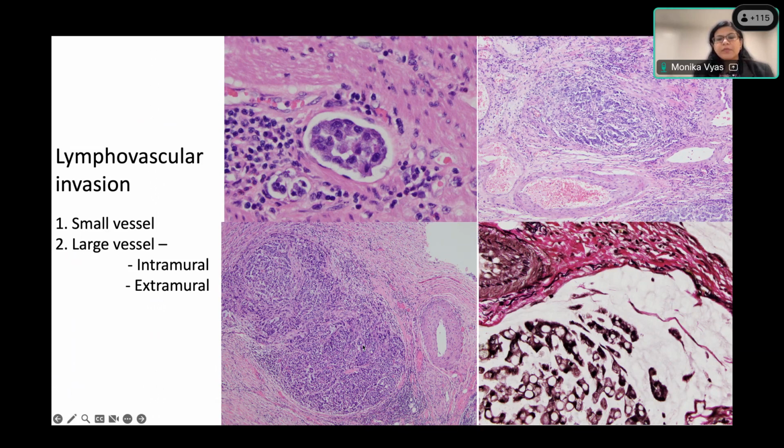And sometimes you have more linear extensions of tumor going through the muscle wall, which is also called the tongue sign. So that is also one clue that there might be venous invasion.